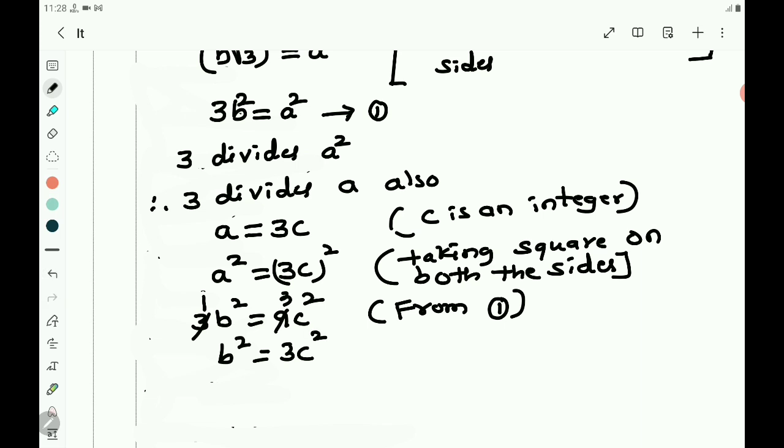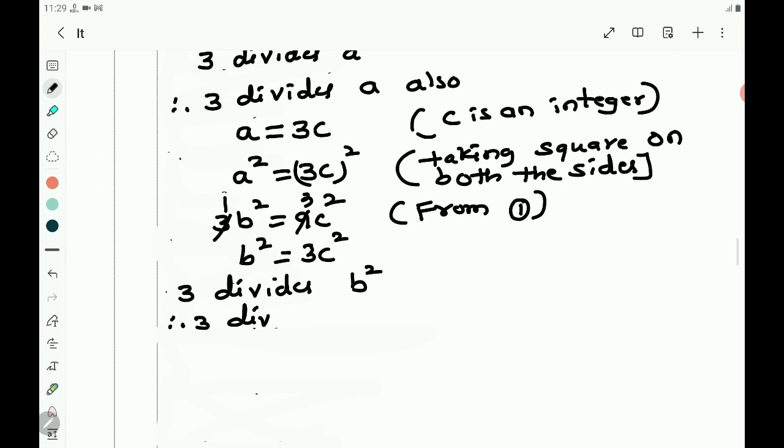Here you can verify that 3 divides b square. Therefore 3 divides b also.